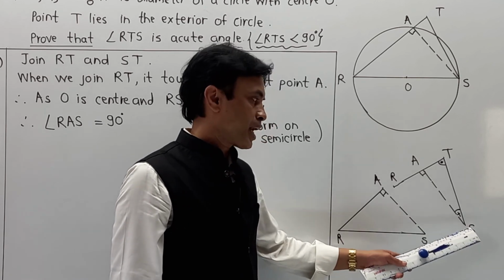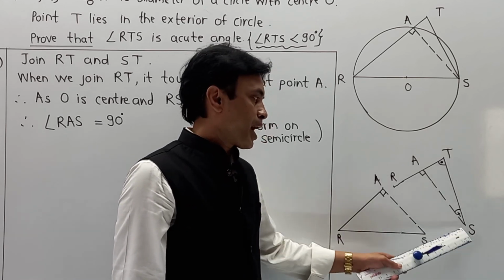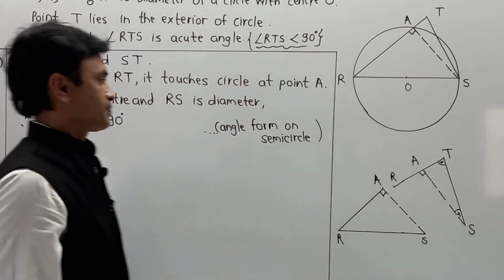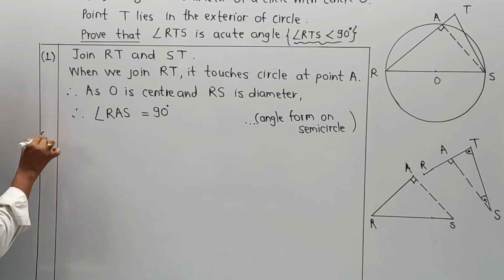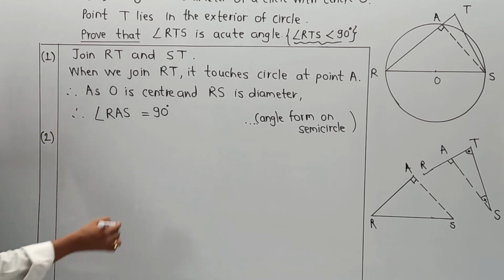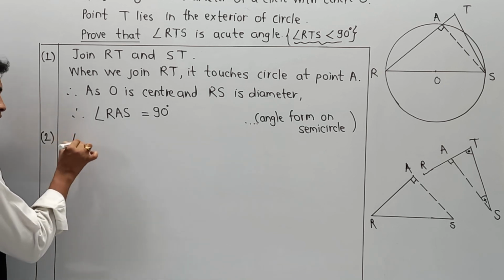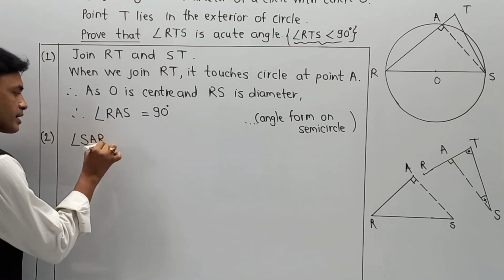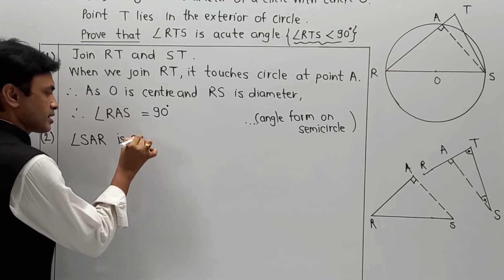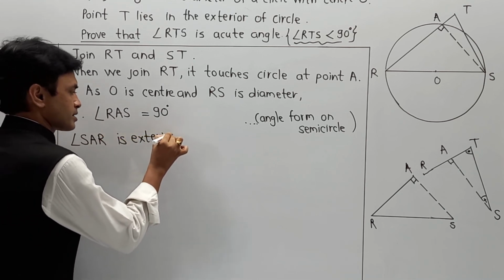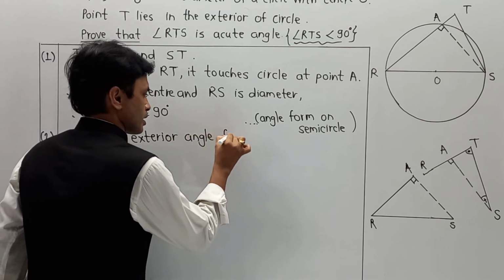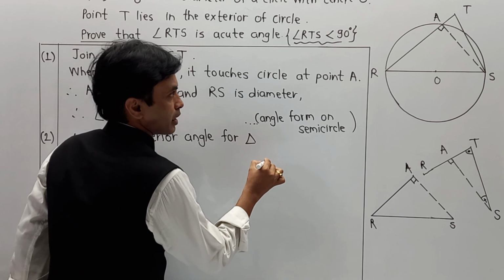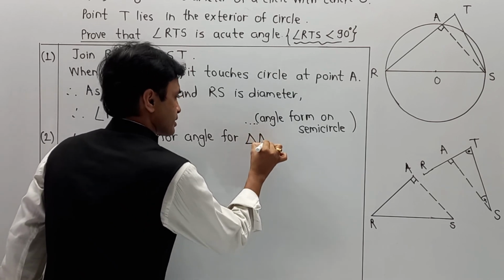So your part is angle SAR. So in number 2, angle SAR is exterior angle for triangle ATS.